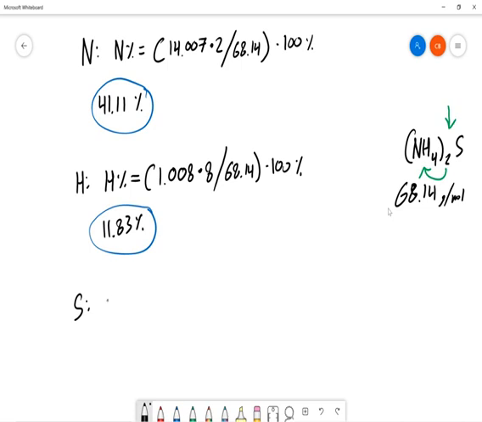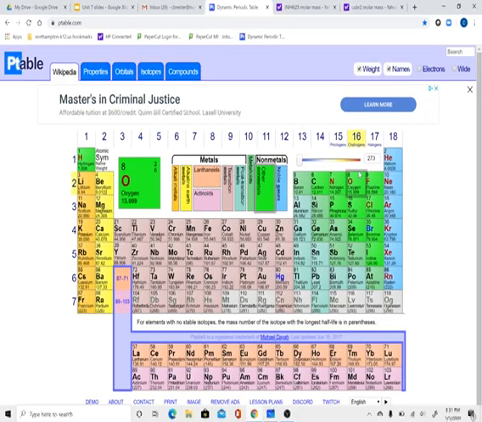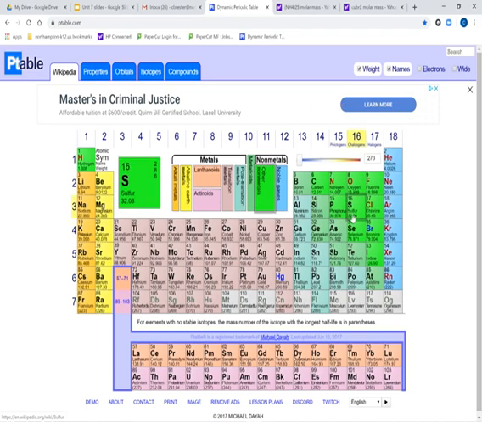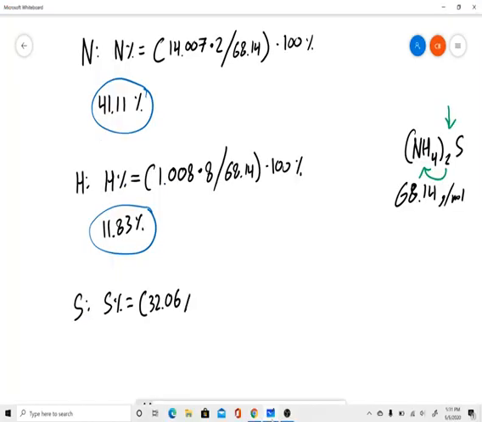Last one that we have, sulfur's mass percent is equal to the mass of sulfur, which is 32.06. I want to double check that one as well. There's a lot of these that I haven't used really since college, and I just am not quite sure.